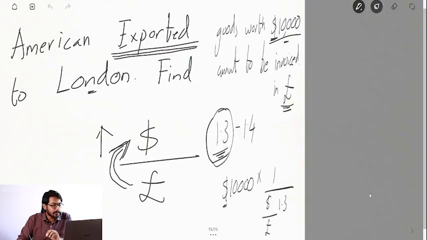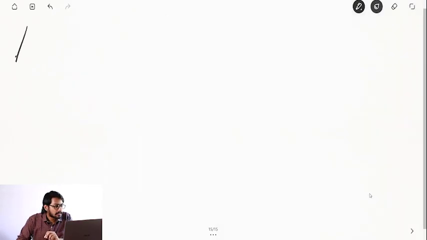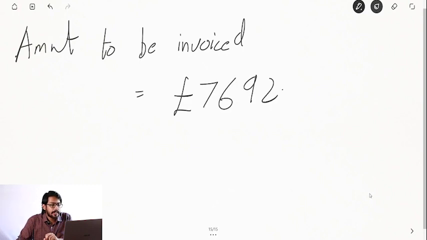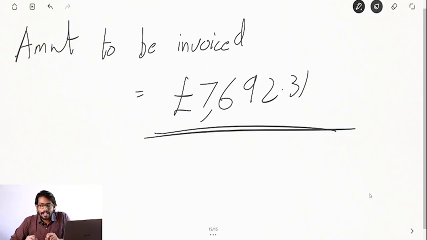So the amount to be invoiced is pound 7,692.31.